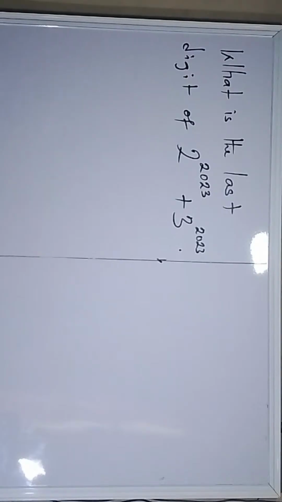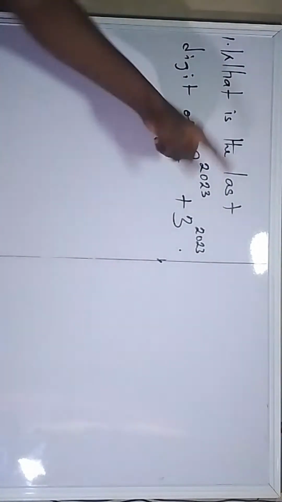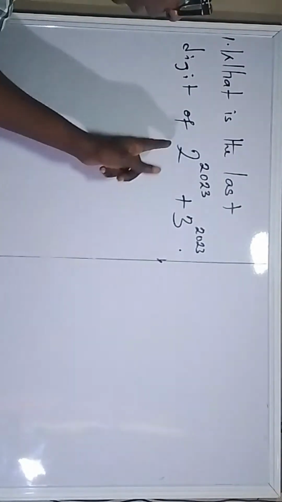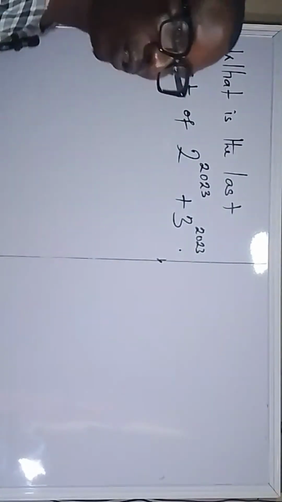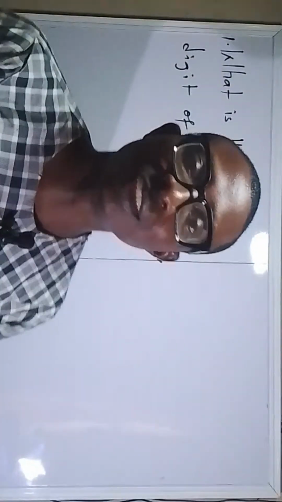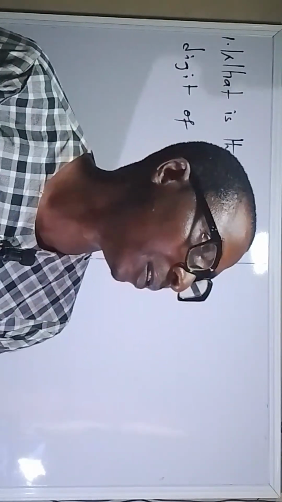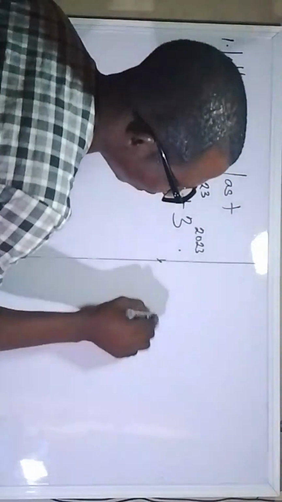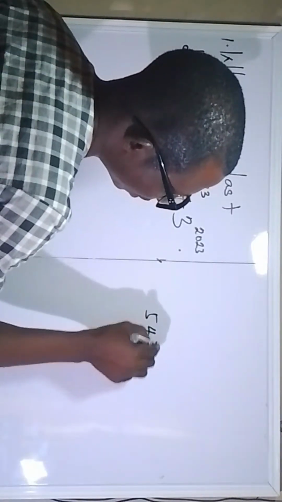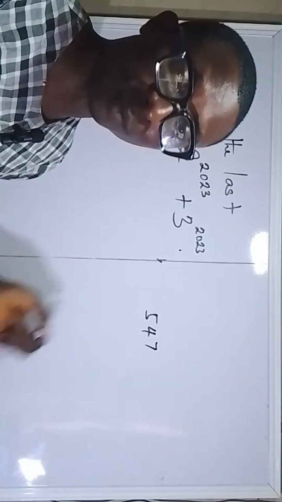Now, how do we solve this question? What is the last digit of the addition of these two numbers? I want you to get something straight. Whenever I want to find the last digit of a number, there's a way you look at it. If I have 547, it's very easy for me to know the last digit.